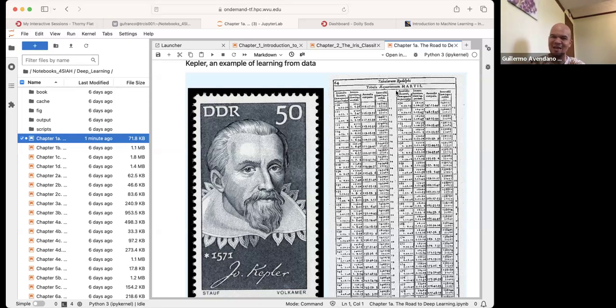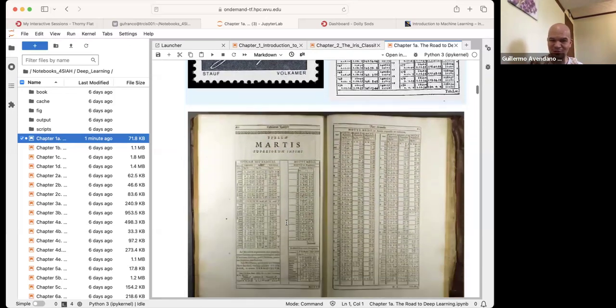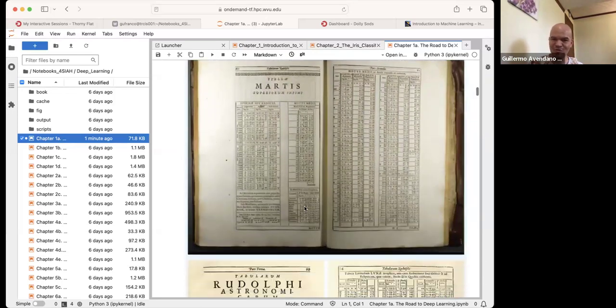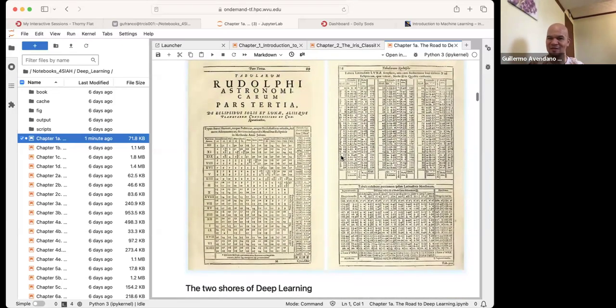So the idea here is that we have those tables, and the guy starts testing models for them. And those are published. Those are real books that present the tables. And what he did was to make a transformation. What happens if my origin of coordinates, instead of being on the Earth, I assume is on the sun, and the Earth is also moving?